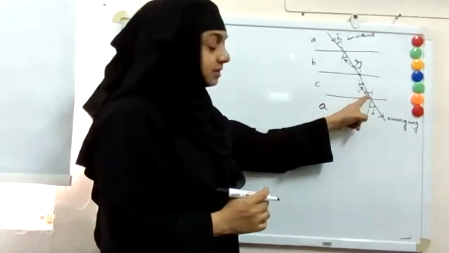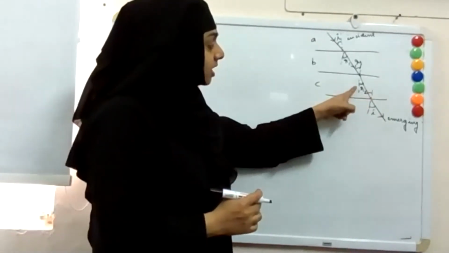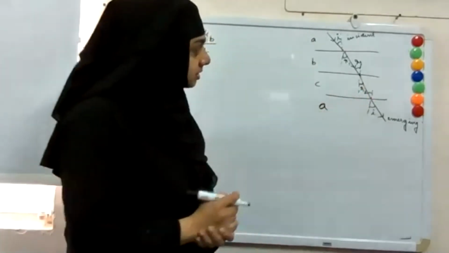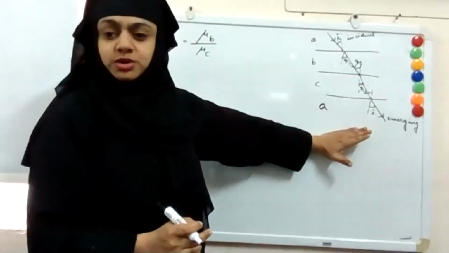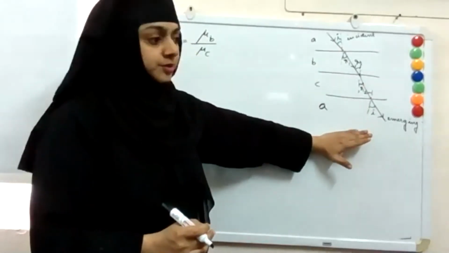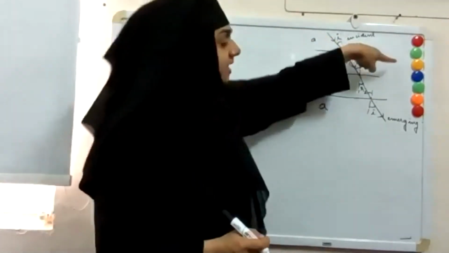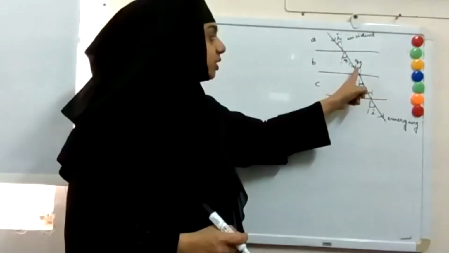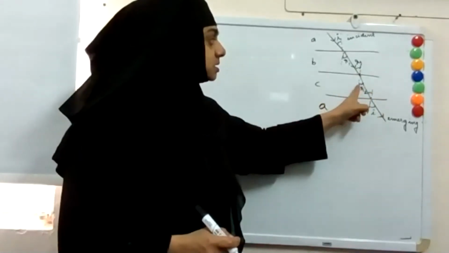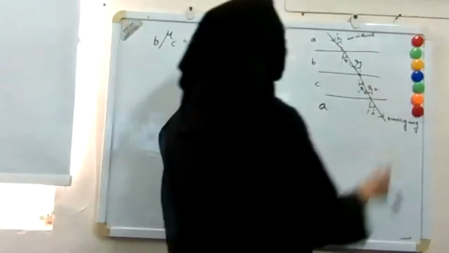Is the figure clear to you? Should I draw it bigger? See, these two are two parallel lines, and this is one line cutting that. These two are normal. This is R2. So what will be this? R2.